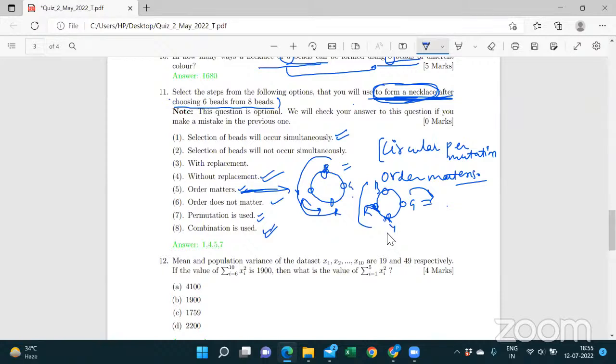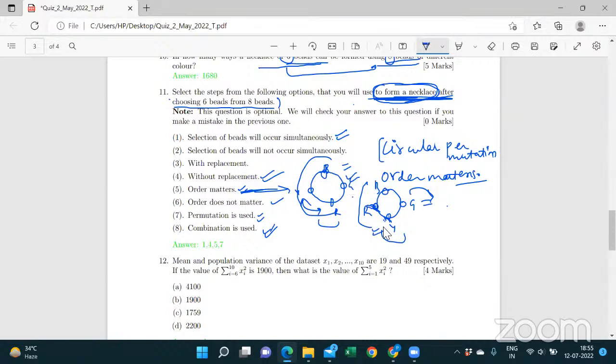I thought that simply because it is a circle, order doesn't matter. No, order matters means using colors. Suppose I change the order of two beads, then I get a different order. For this order I will see the same necklace, but this order is different from the other.